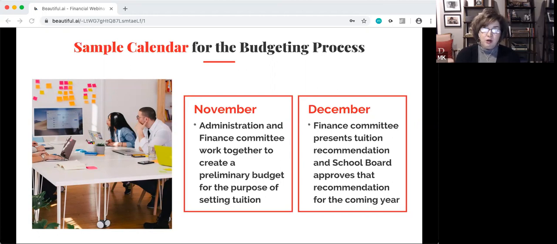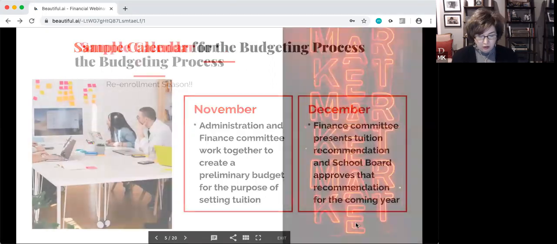So having tuition rates set in December, and having the board already have done that, is really helpful for the admissions department, for marketing people, and for anybody who's going to be prepping for re-enrollment. And then we take a nice Christmas break because we're coming back in January and we're going to hit the ground running.